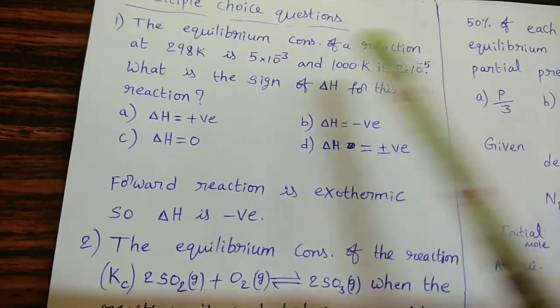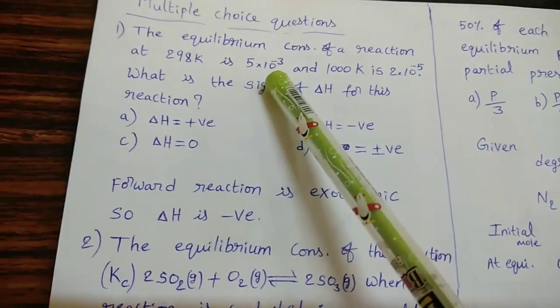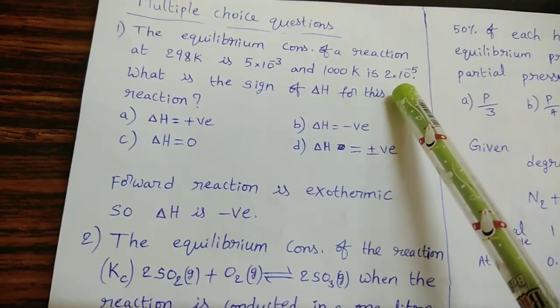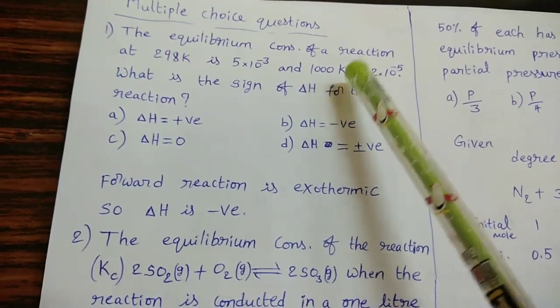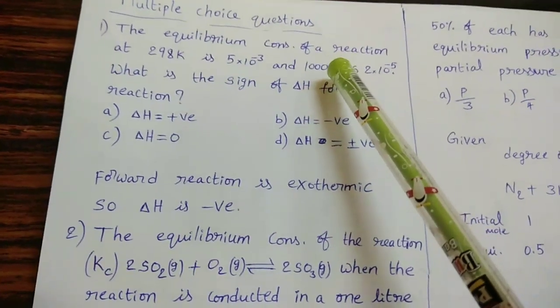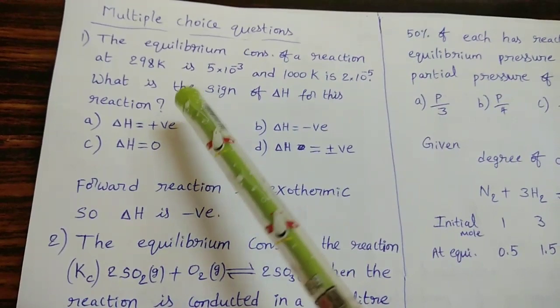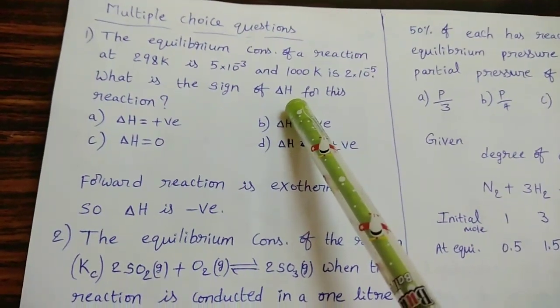This is the smaller value, this is the bigger value. At low temperature, the Kc value is large. At high temperature, the Kc value is decreased. That means an increase in temperature is not a favorable condition for equilibrium constant. That means low temperature is favorable. So low temperature favorable means what is the sign of delta H?